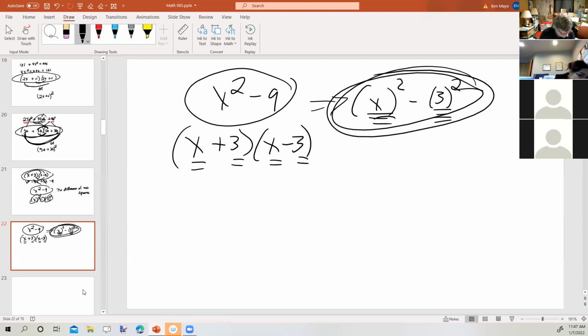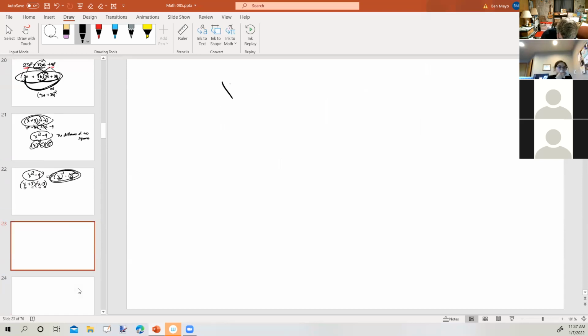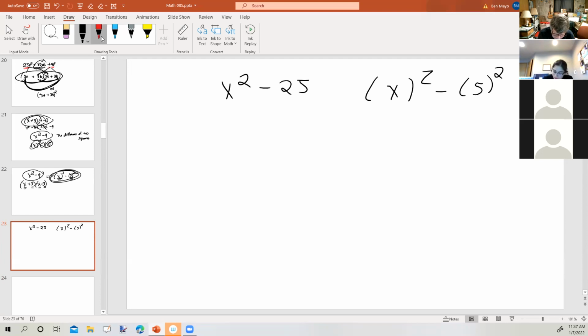Okay, so starting over with that idea, let's say we've got x squared minus 25. This is a binomial. It has a subtraction sign in the middle. X squared is x squared. 25 is 5 squared. So my bases are the x and the 5.